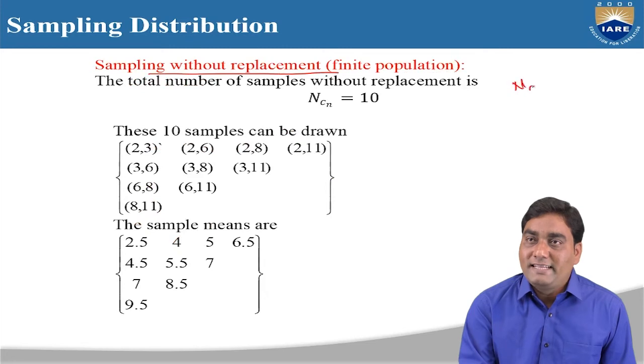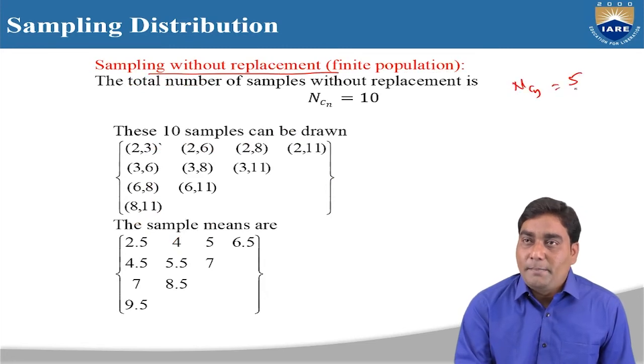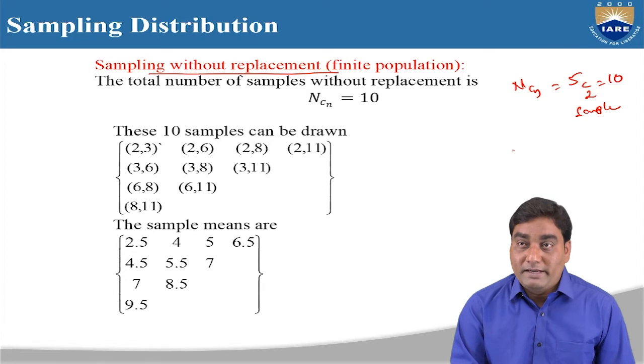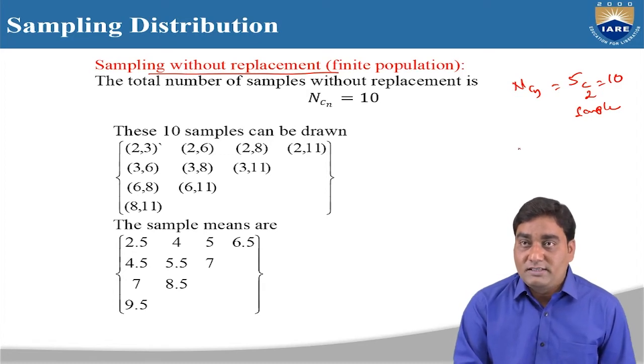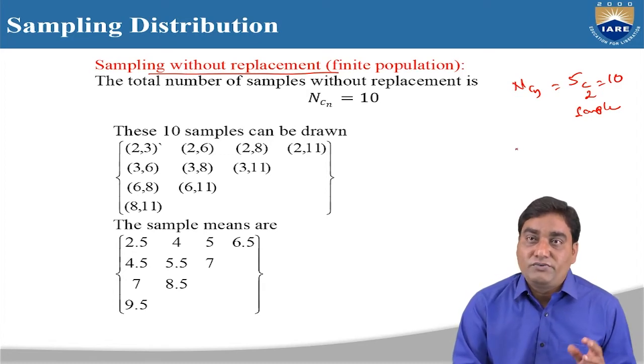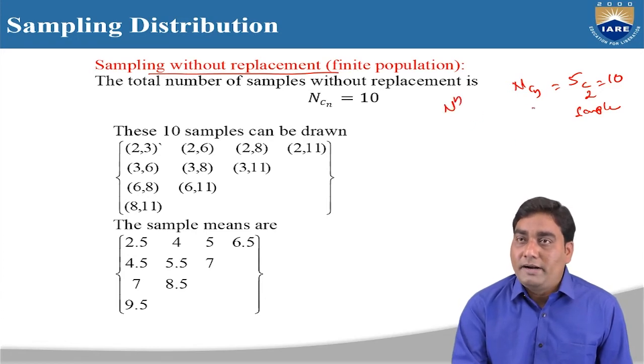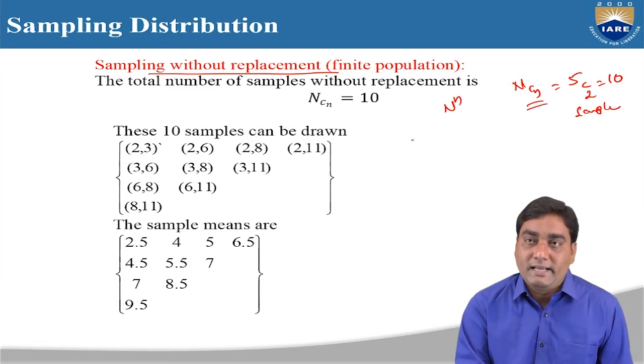The formula is NCn, that means capital N, 5C2, so 10 samples we can draw. In the first problem with replacement, we chose 25 samples. There we used the n power n formula, but here, without replacement, NCn.